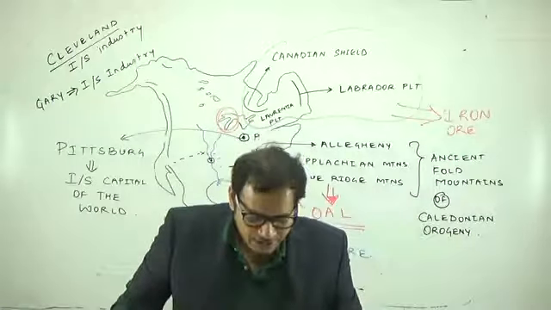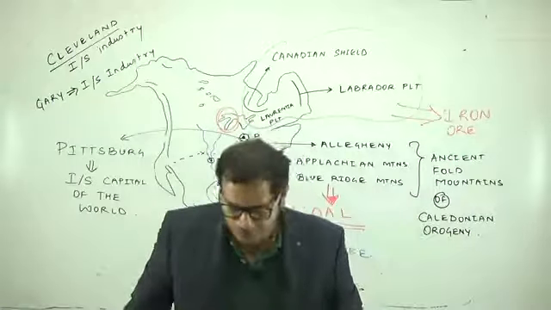In the Montana state of USA, that is the central part of USA. You can see below the Canadian border in this part, there is a state known as Montana on the western side of USA.